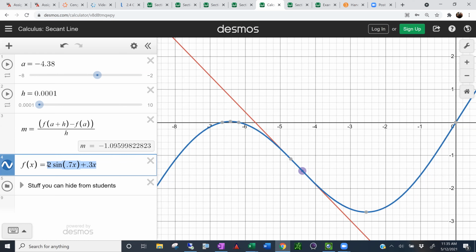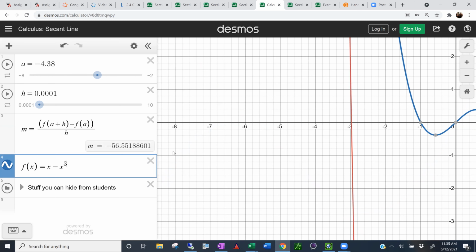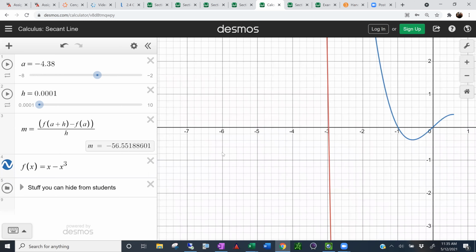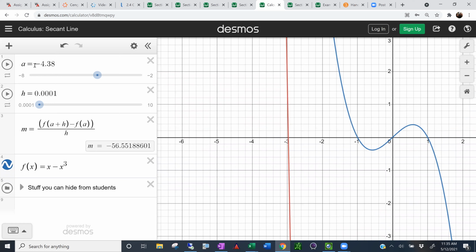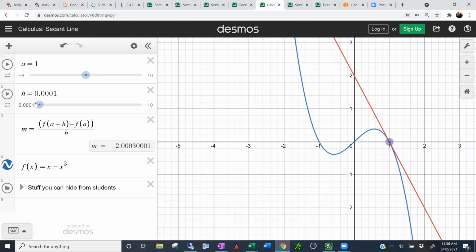So let me see here if I can do x minus x cubed, near 1. There we go. So here's what we just did. Here's our point on the graph of x minus x cubed.